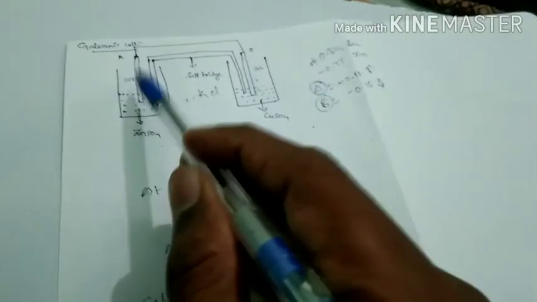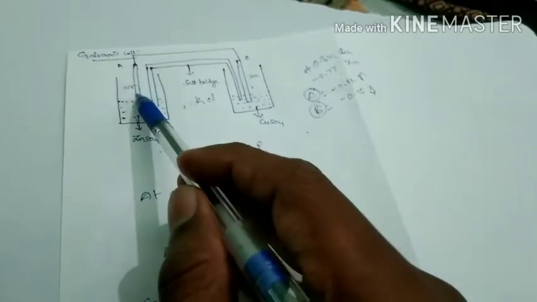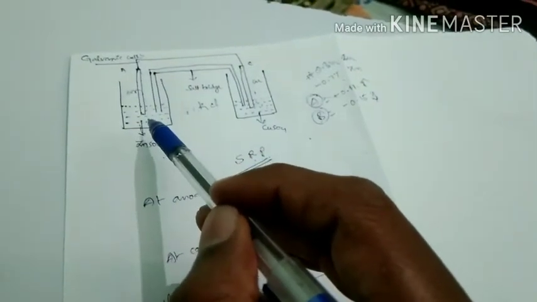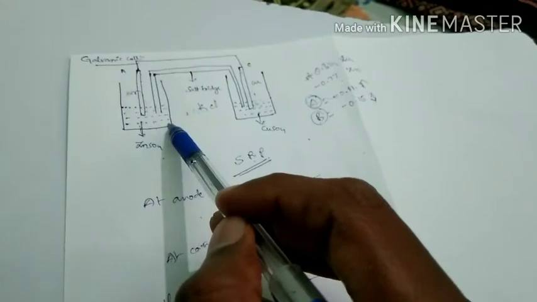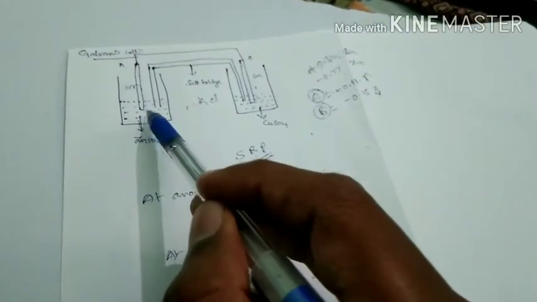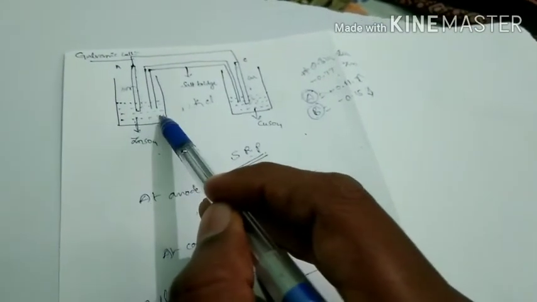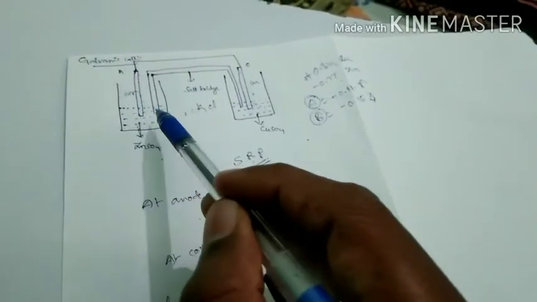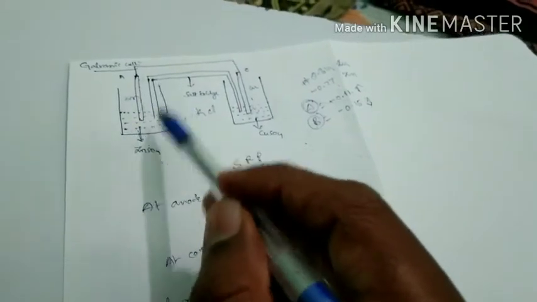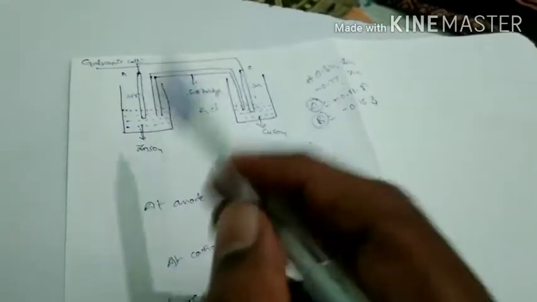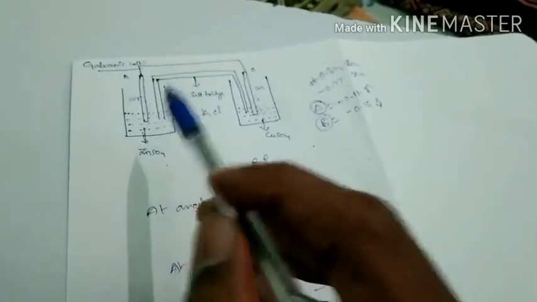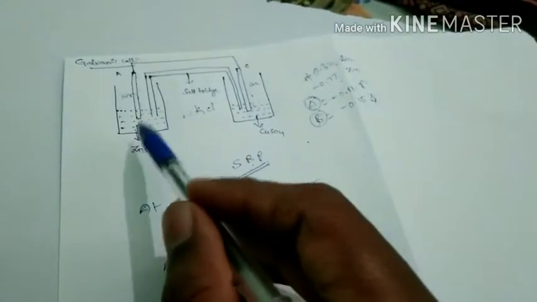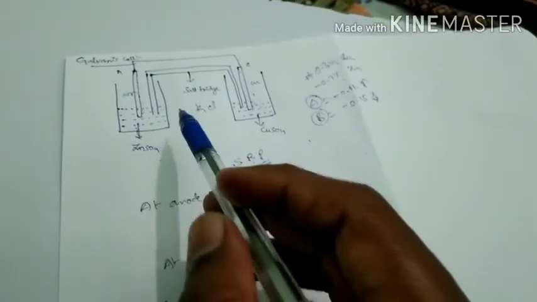Because of the reaction that takes place at the anode, the amount of Zn plus 2 ions increases compared to SO4 minus 2 ions. So there are more positive ions compared to negative ions. If positive ions or negative ions are more compared to the other, automatically it does not have stability.